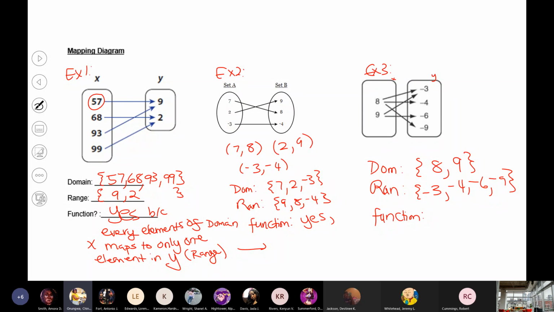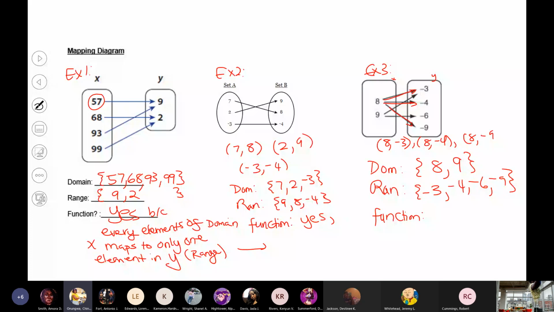So here, this is not a function because notice 8 has three different arrows. 8 is going to -3, going to -4, and it's going to -9. Basically, if we had a set of points, that would mean I have points at (8, -3), (8, -4), and (8, -9).